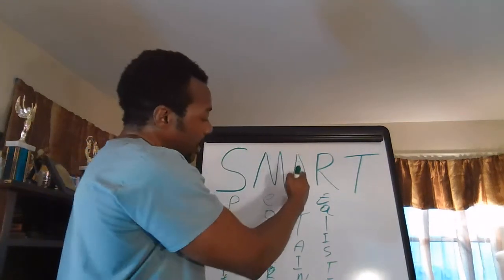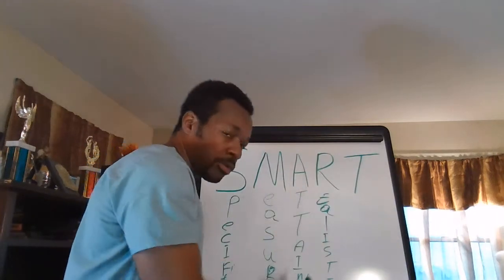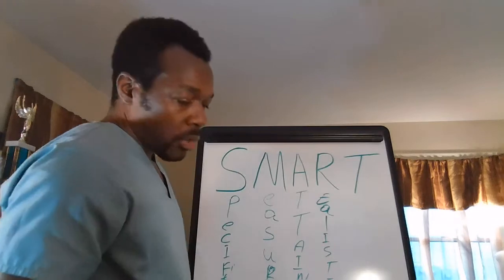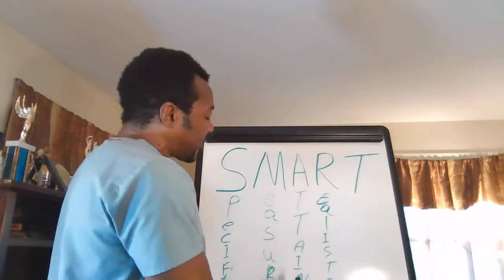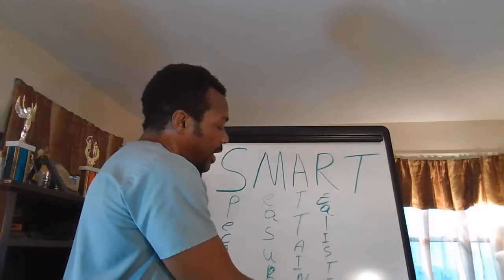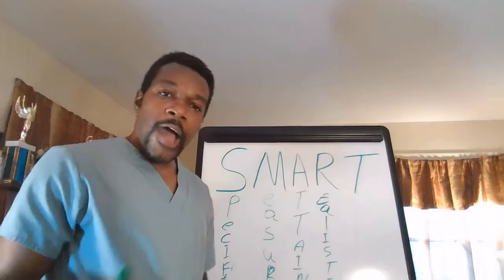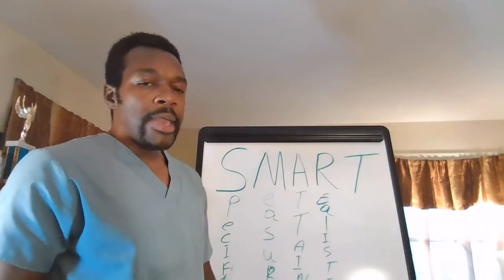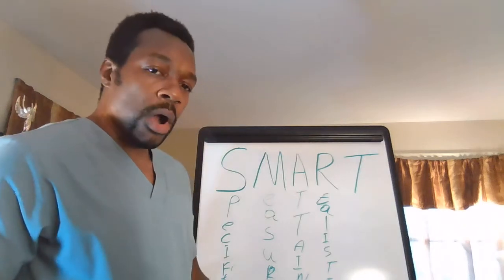We want it to be A, attainable, and we want it to be R, realistic. All right, so we set realistic goals. So the attainability and the realistic aspect of it, as well as the T, which is the time, they usually tie in. How? Because you think about whether your goal is short term or long term.